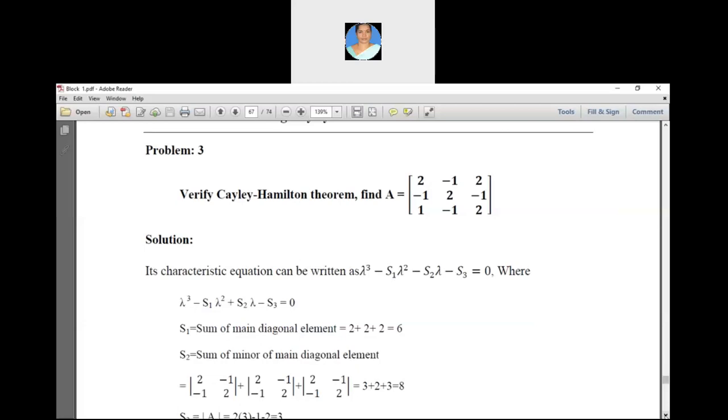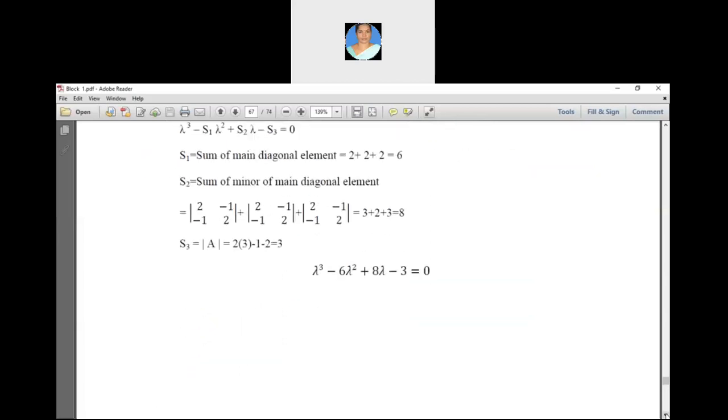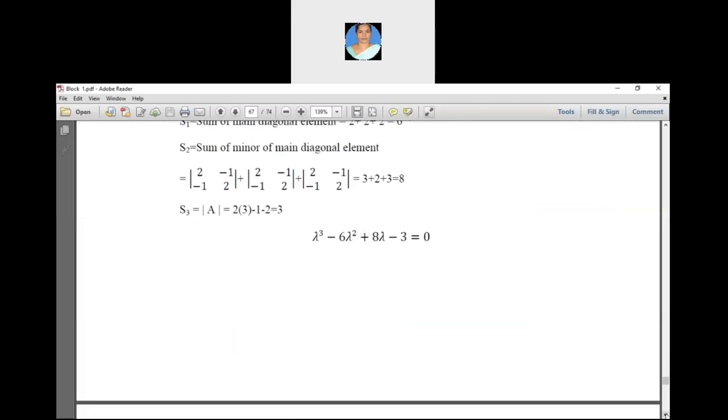Where S1 equals the sum of the main diagonal elements, S2 equals the sum of the minors of the main diagonal elements, and S3 equals the determinant of A. We get S1 equal to 6, S2 equal to 8 and S3 equal to 3.